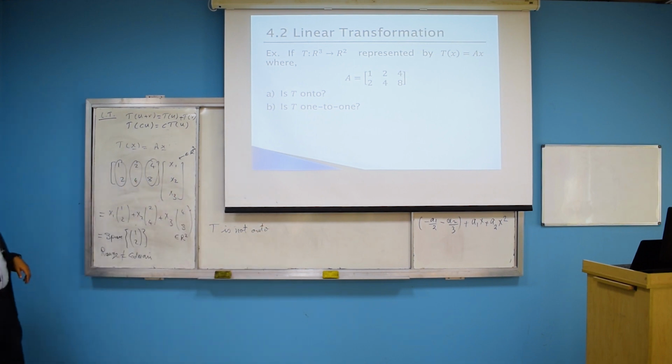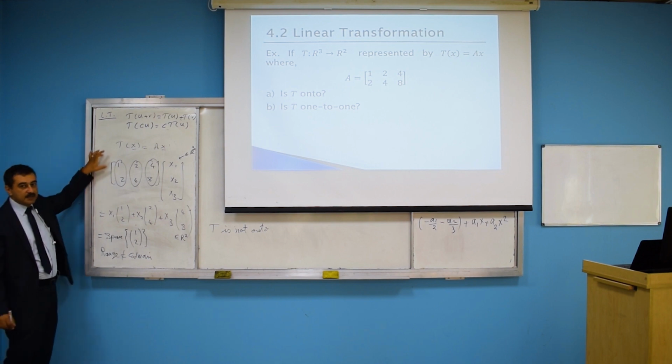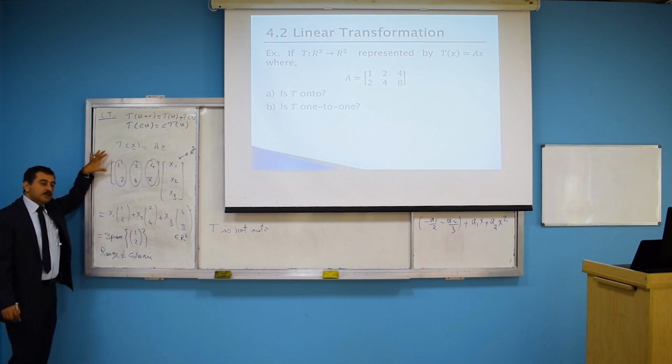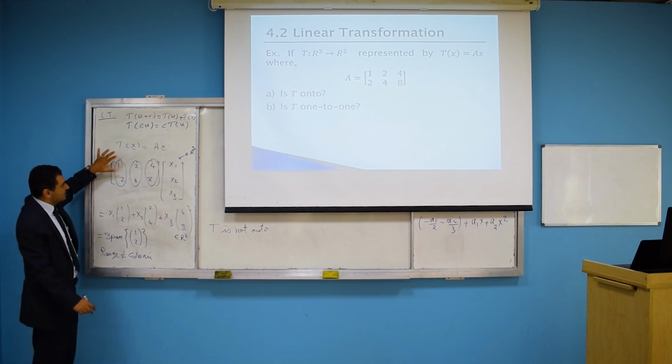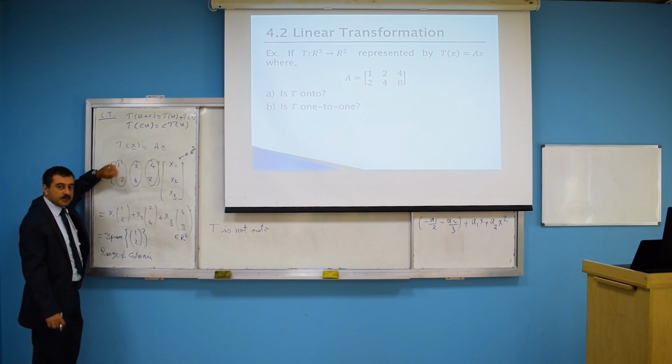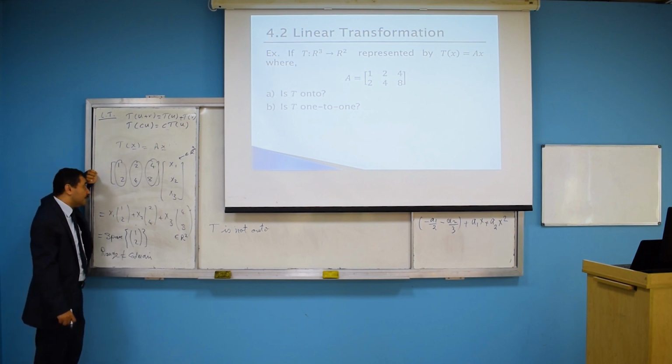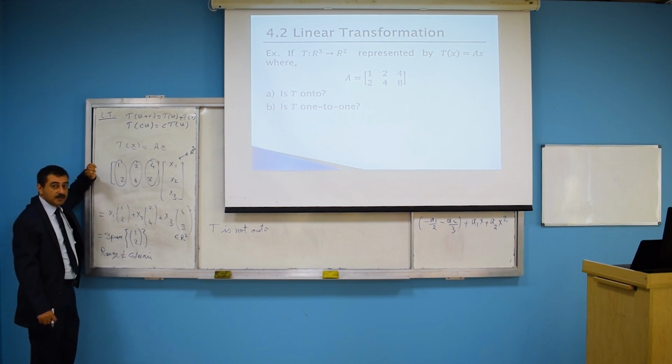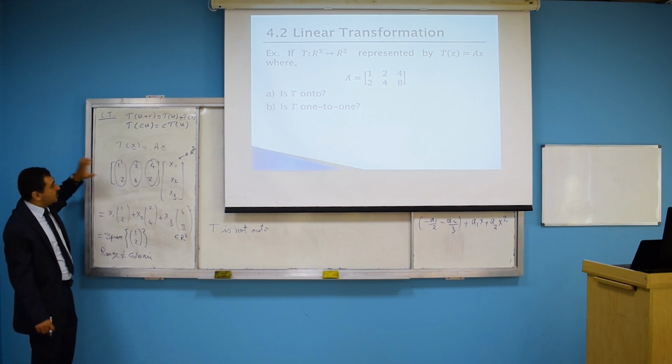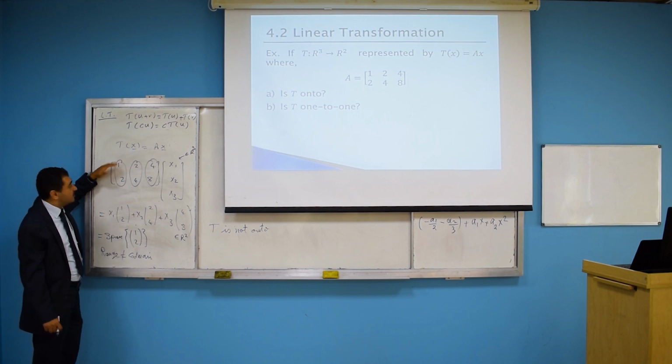How do you know this from a general matrix? You can know it from the reduction. If you do the reduction and find how many pivots, here you will get one pivot, because these rows are dependent.